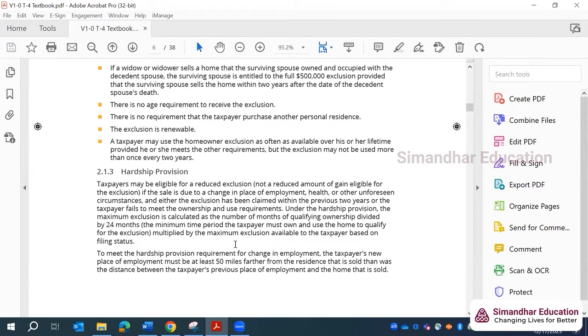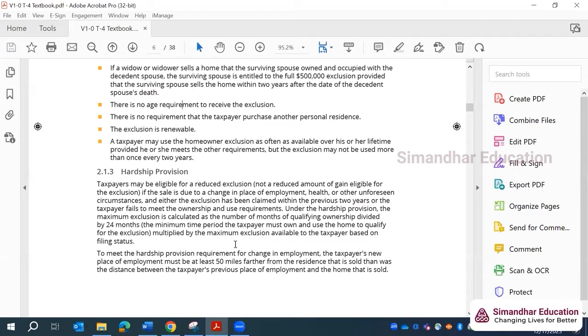For that, you have to sell the house. It could be for any other circumstances which is listed as per government, which will create hardship for you, for which you have to sell your house. In those circumstances, if you have not met the requirement to use the property or the ownership of the property for 2 years, the government will still give you certain benefits.